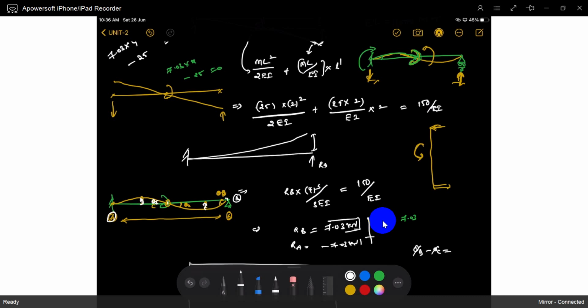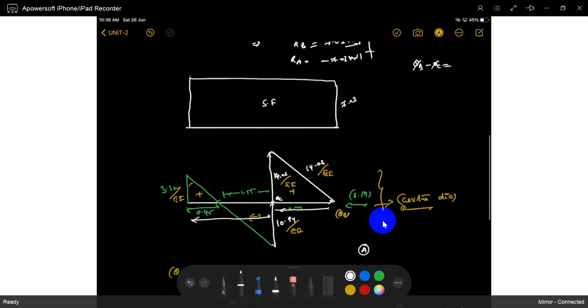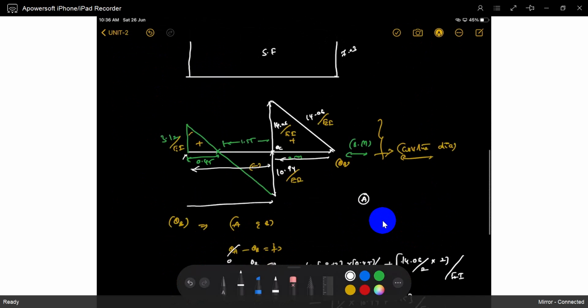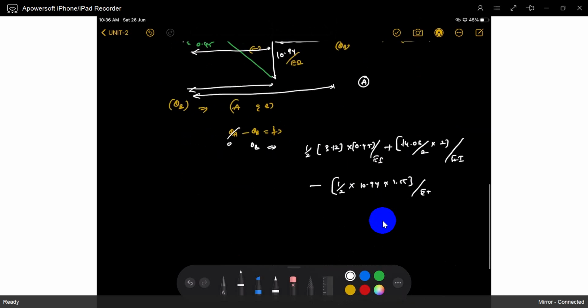So if you want to find theta C, compulsorily take the reference point A. This area will give theta C, and the total area will give theta B. Understood? Just do it and find the value in radians. That's it, one problem is over.